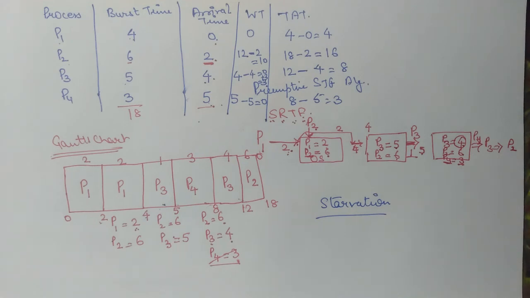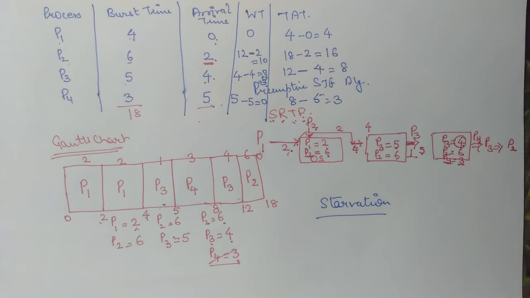That process will then face the problem of starvation. It is starving for the availability of the CPU, but it's not getting it because lots of processes with shorter burst times than it are entering the ready queue.